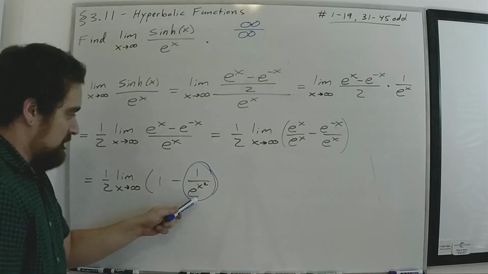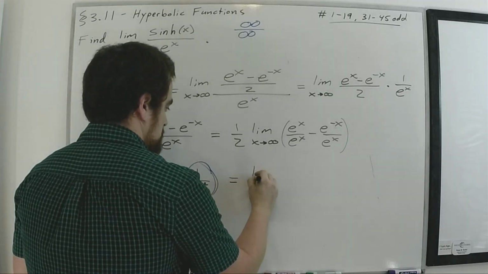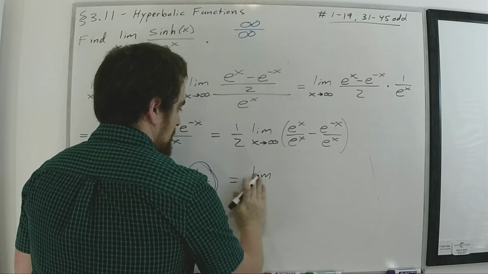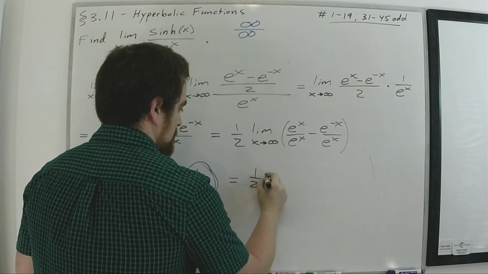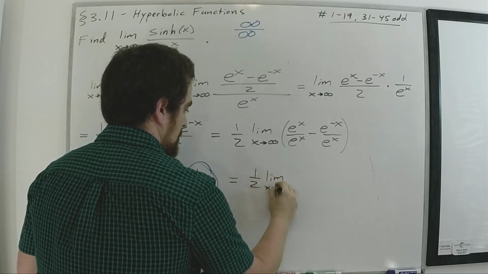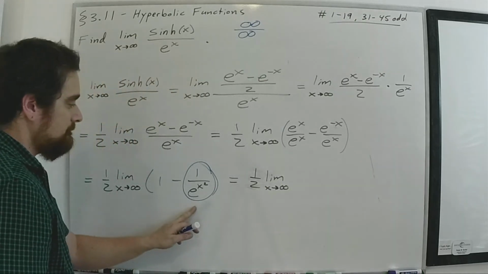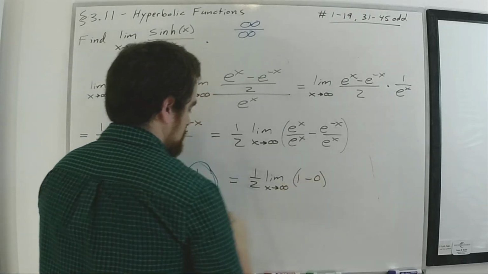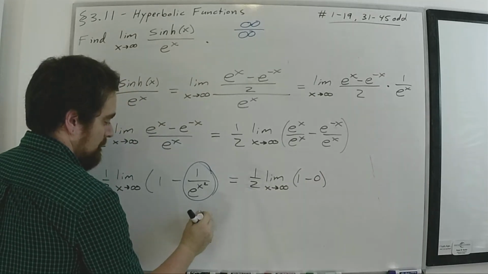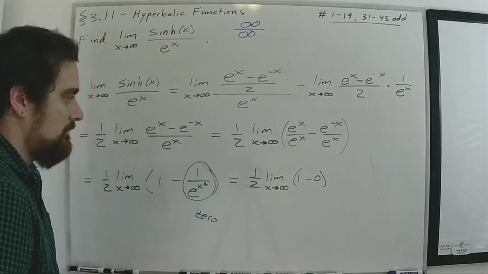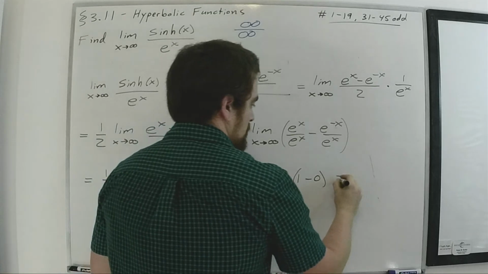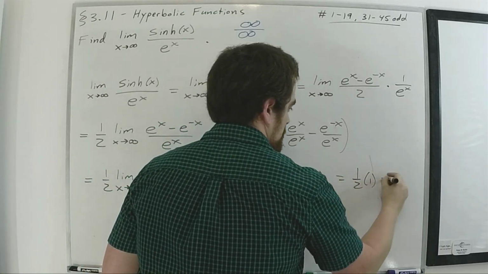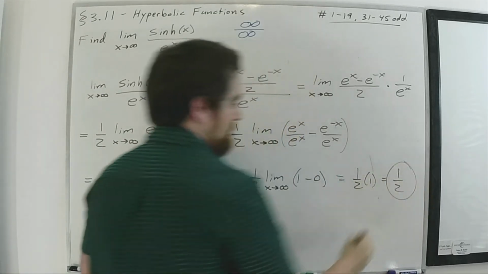So I'm just emphasizing that this piece is going to go to 0. So I'm going to have 1/2 the limit as x goes to infinity of 1 minus 0. So you can see that this piece will disappear. That is just 1. So my limit is 1/2.